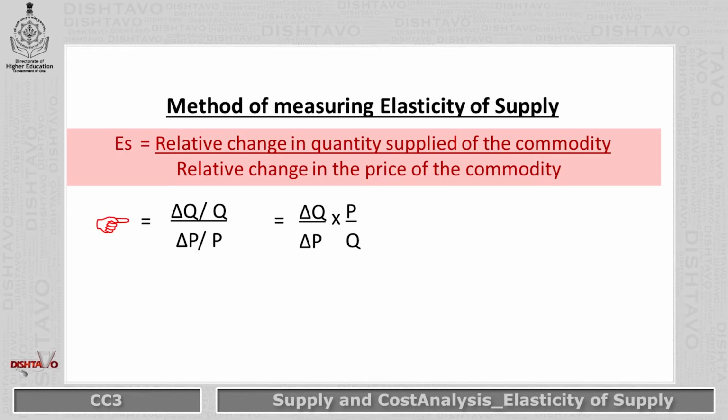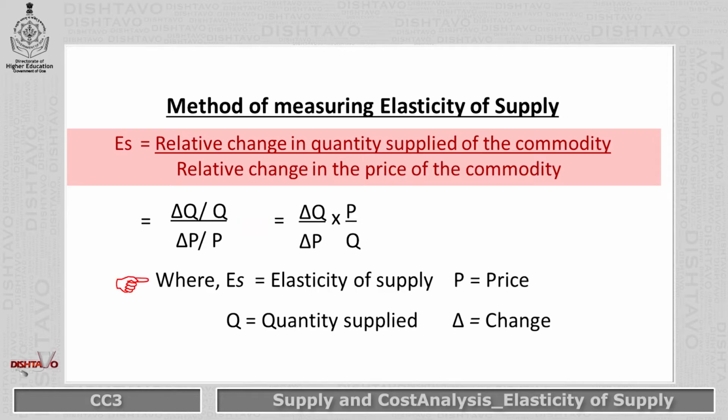Symbolically, we write it as delta Q divided by Q upon delta P divided by P. We further simplify it, we get it as delta Q upon delta P into P upon Q, where ES is equal to elasticity of supply, P is price, Q is quantity supplied and delta is change.